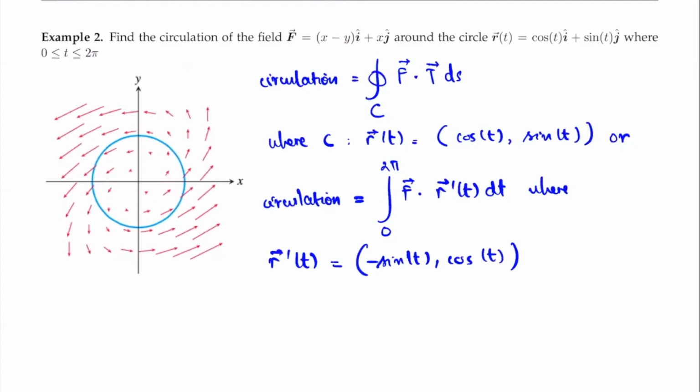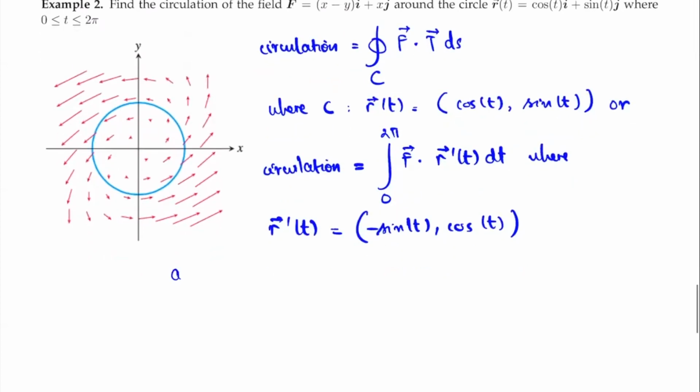And even for the vector field F, even though you start out with x and y, you need to parameterize that as well. So x is equal to cosine of t and y is equal to sine of t. So F of t is equal to x minus y, so that is cosine of t minus sine of t, comma x, which is cosine of t.